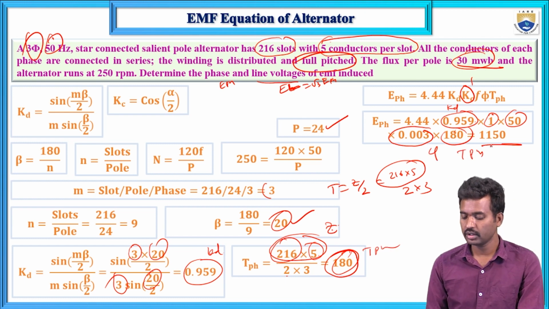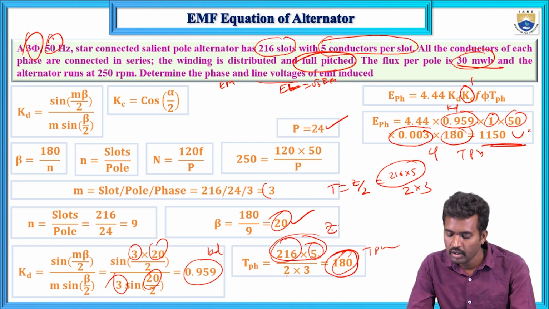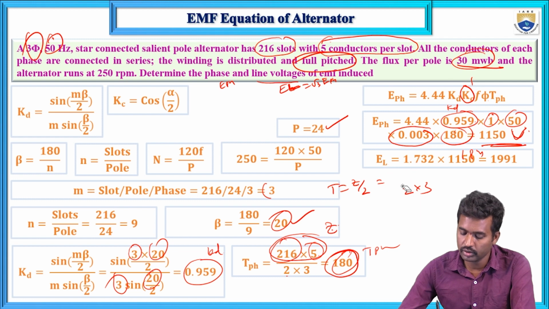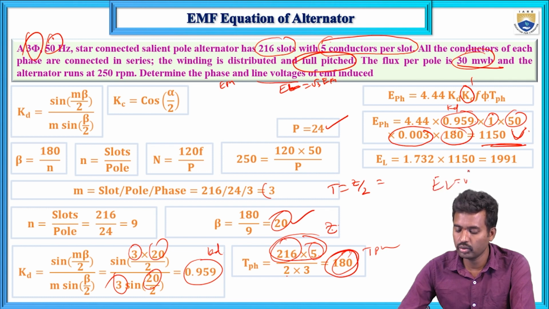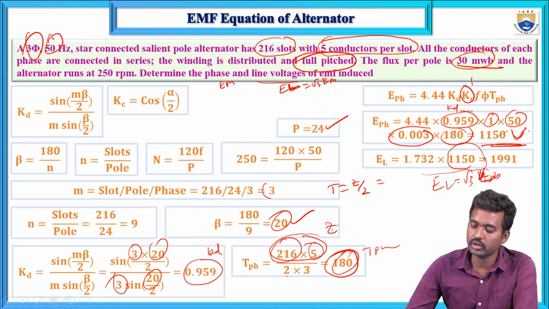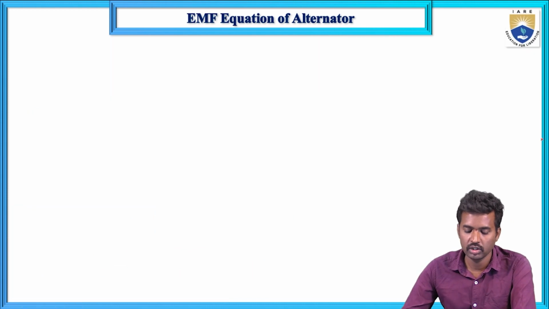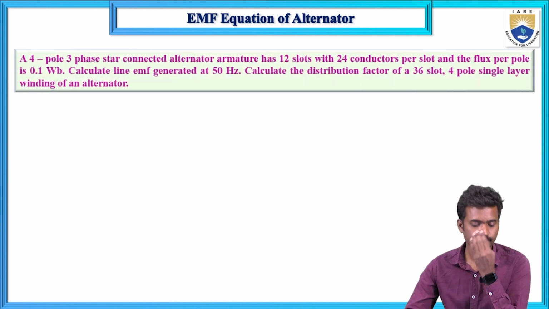So now the EMF is 1150 volts, this is the phase voltage. From the phase voltage you can calculate the line voltage: EL equals root 3 into E phase, root 3 equals 1.732, and that equals 1991 volts line voltage.